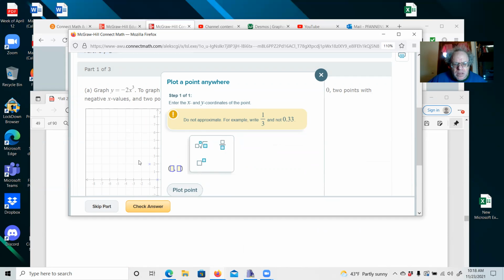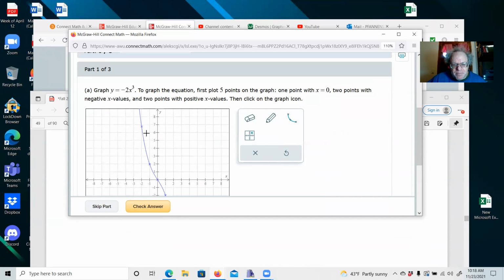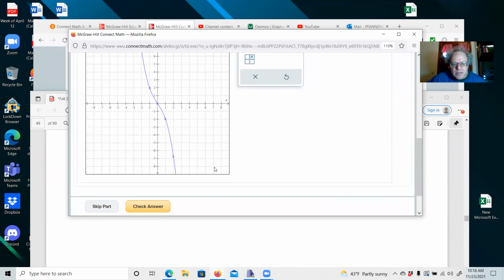Plot point. And we'll take negative 2 rather. And because of that negative in there, we're going to have 27 fourths. Plot point. Okay. Oh, look at that. Now we'll go ahead and plug this in.